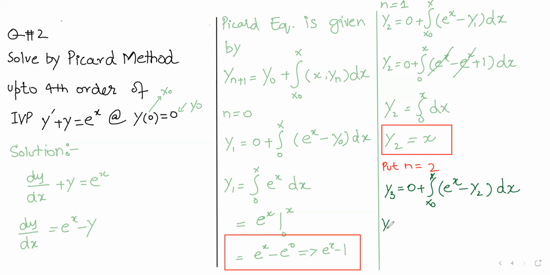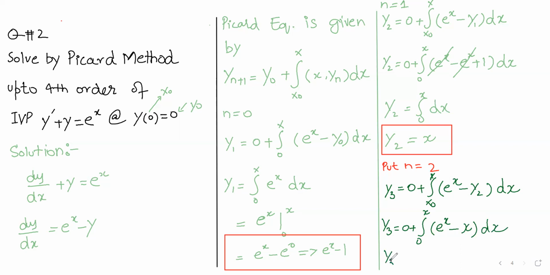So y3 will be equal to 0 plus the integral from 0 to x of e^x minus, what was y2? y2 is your x, right? dx.